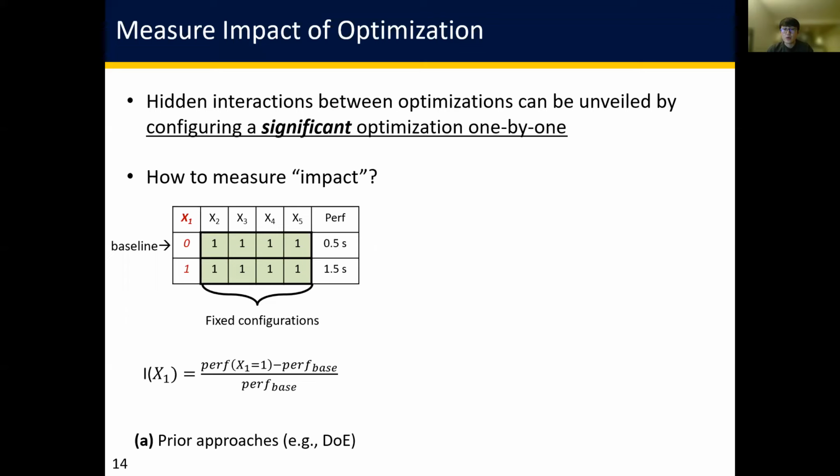However, since they only consider a single setting of other optimizations among numerous possible settings, the interaction between optimizations are not sufficiently accounted. Also, they cannot handle execution failures like compilation error because their equation requires every performance number to be valid. To overcome this restriction, we propose the alternative.